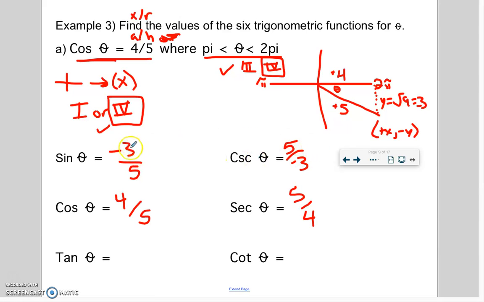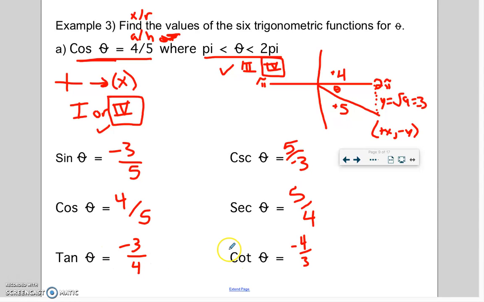Notice reciprocal. Notice opposite over hypotenuse, y over r. So tangent-wise, we're going to have negative 3 over 4. And then negative 4 over 3.